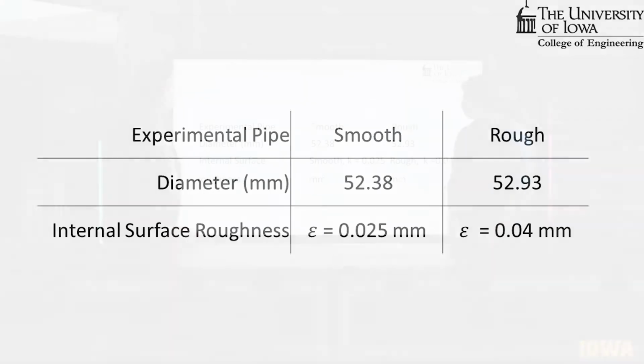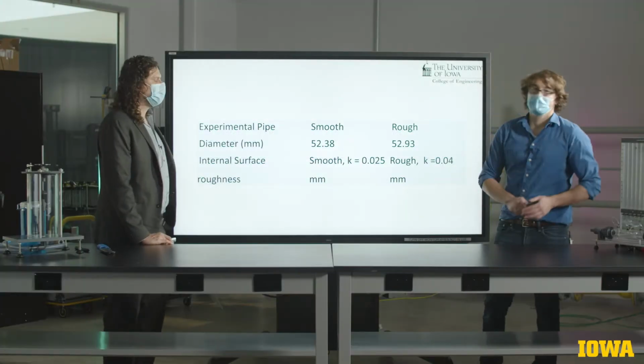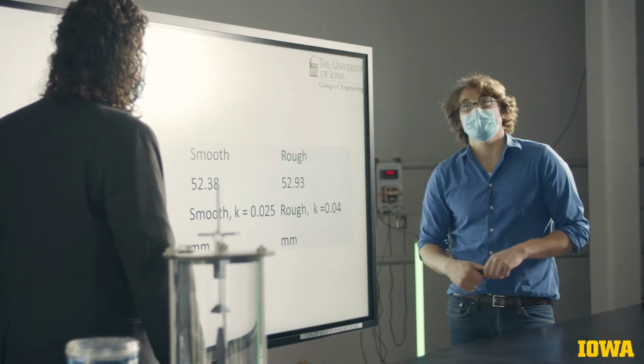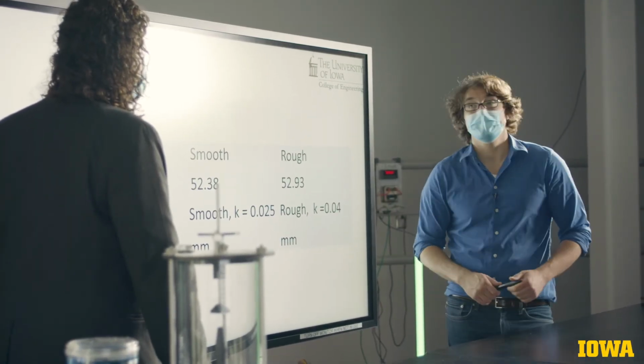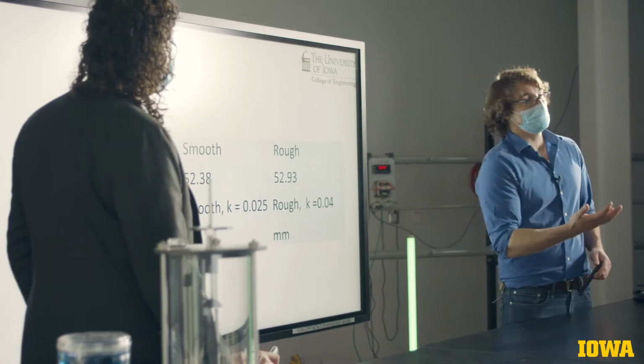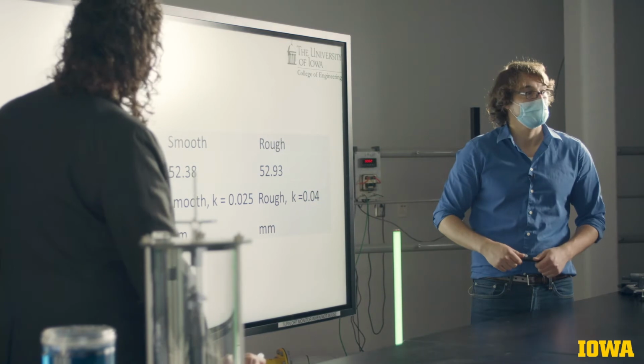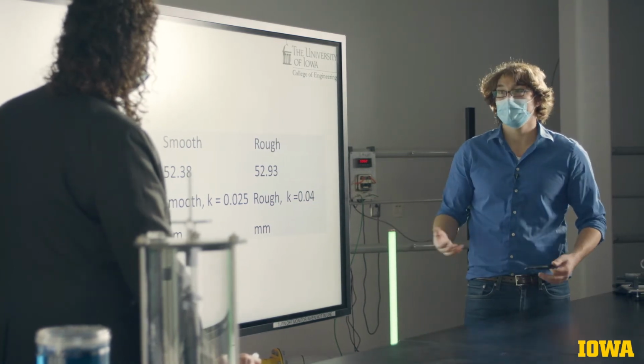It's also worth noting that these roughness values are a little bit hard to determine. These are what are known as representative roughness values and are usually taken to be either the average or the RMS height of individual roughness elements along the wall of the pipe, measured using what's known as a profilometer.